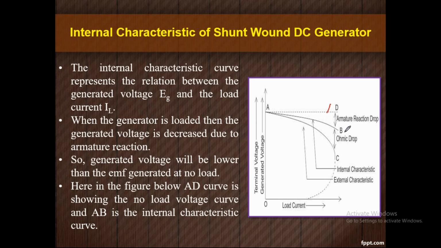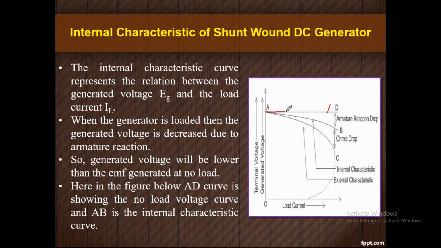Now when the load is connected, the armature current is responsible for delivering current to the field as well as the load. When the armature current flows through the armature winding, a small amount of drop will occur. Then the induced EMF will be reduced due to the drop, and the curve AD comes to AB.